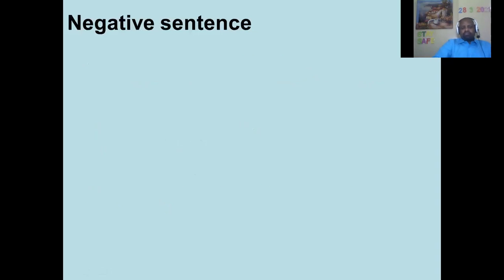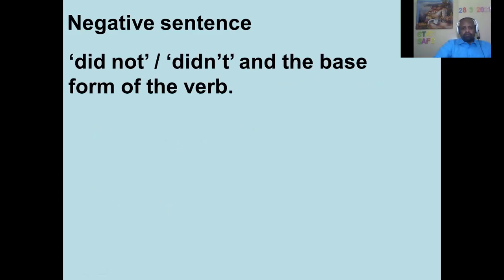What about the negative sentence? How do you form a negative in the past simple or in the past tense? Remember this. Did not or didn't, the short form, and the base form of the verb.